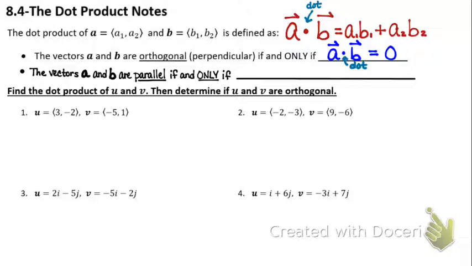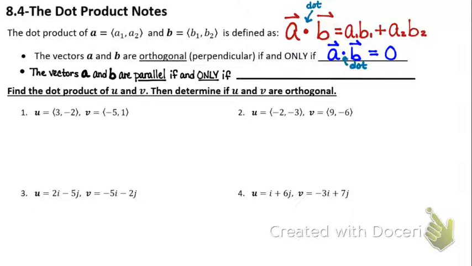So we have this new word, orthogonal, to try to describe if I'm looking at a flat plane like this table, and I want to know if there's something that's forming a right angle with that. But for our purposes here, if you want to just use perpendicular as a synonym for orthogonal, that's perfectly appropriate. So two vectors are orthogonal, perpendicular, if and only if the dot product comes out to be 0.